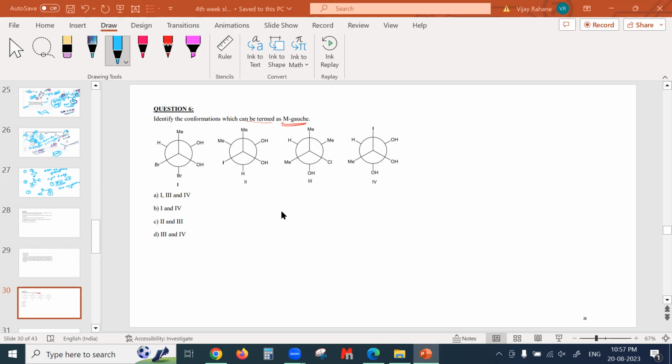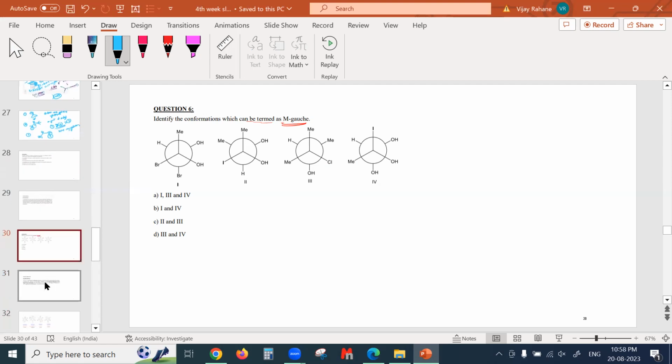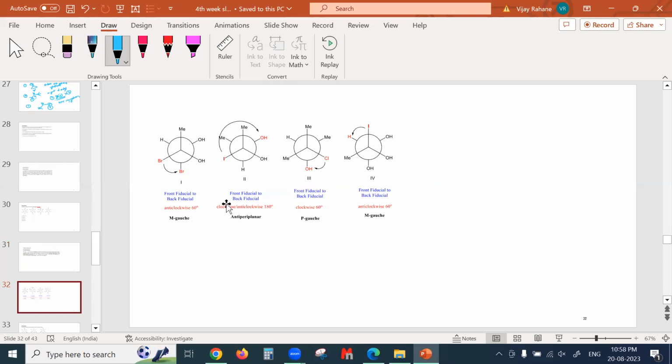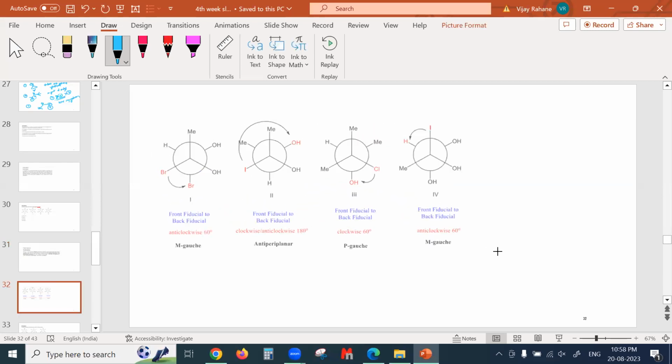I will just directly go toward the answer instead of drawing all the structures. So these are the structures.